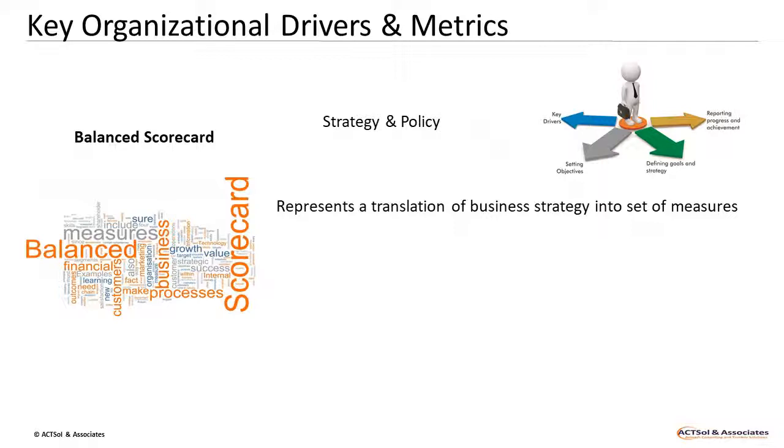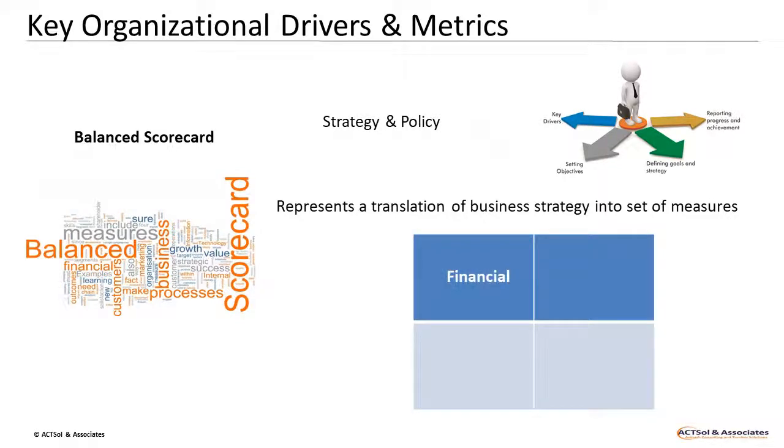These are composed of 4 perspectives. Number 1, financial perspective. Number 2, customer perspective. Number 3, internal business processes perspective. And number 4, learning and growth perspective. On the next screen, we will learn about these 4 perspectives one by one. Please proceed.